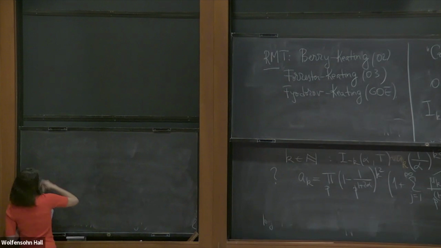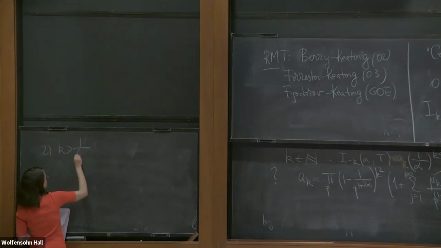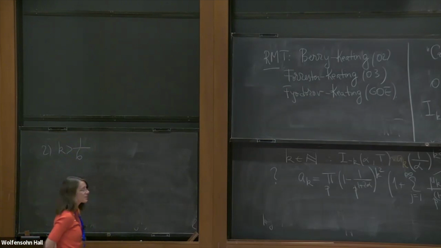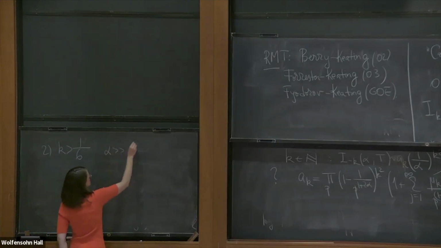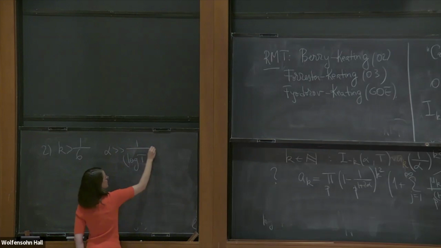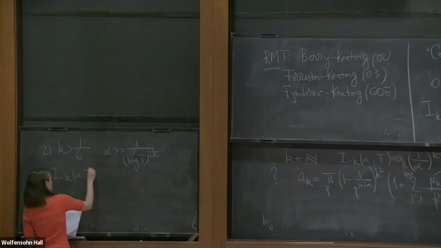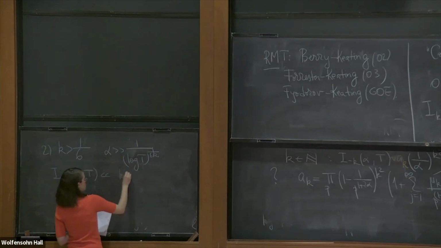Now, if k is bigger than 1 over 6, the problem is harder. We would like to be able to go down to 1 over log t. We can't quite do that. So we get almost sharp upper bounds when the shift is bigger than 1 over log t to the 1 over 6k. We get the same shape of upper bound, log t to some big O of 1.